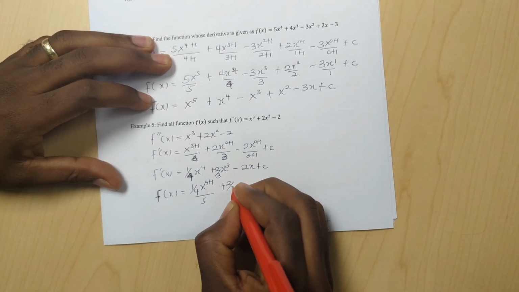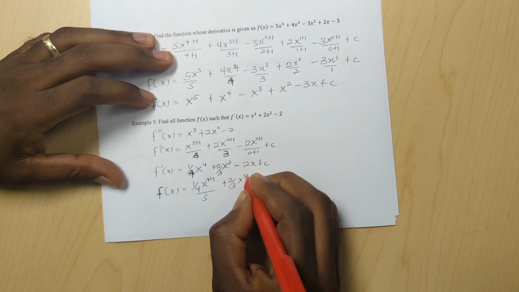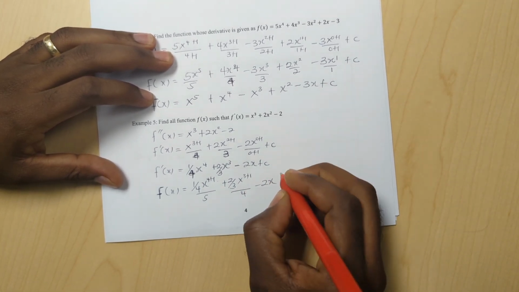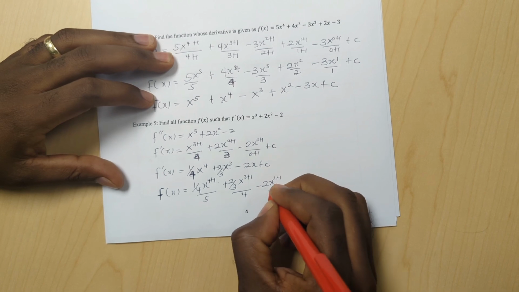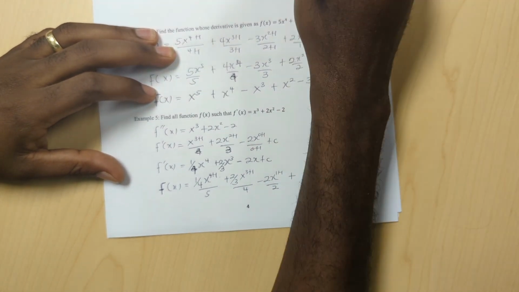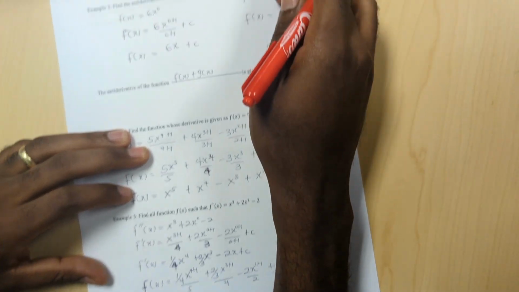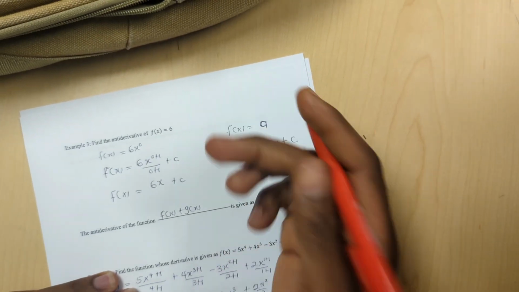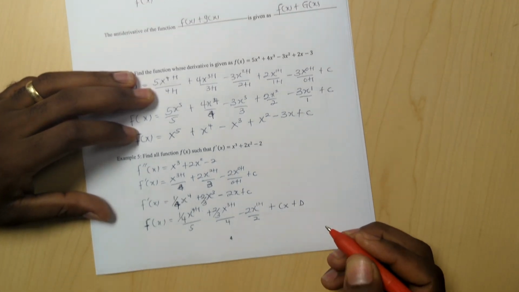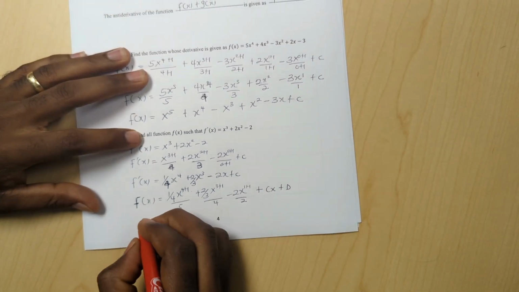Then plus 2/3 s exponent 3 plus 1, which is 4, minus 2s exponent 1 plus 1, which is 2. Then plus, remember, we said that when we are finding the antiderivative of a constant, we just attach x. Then plus our constant.